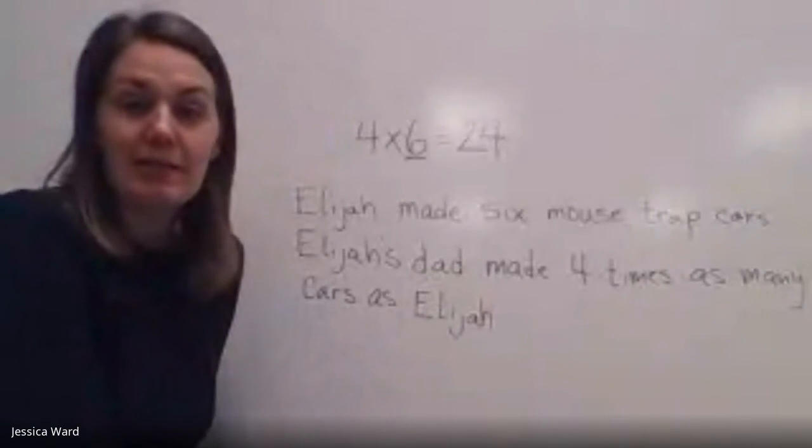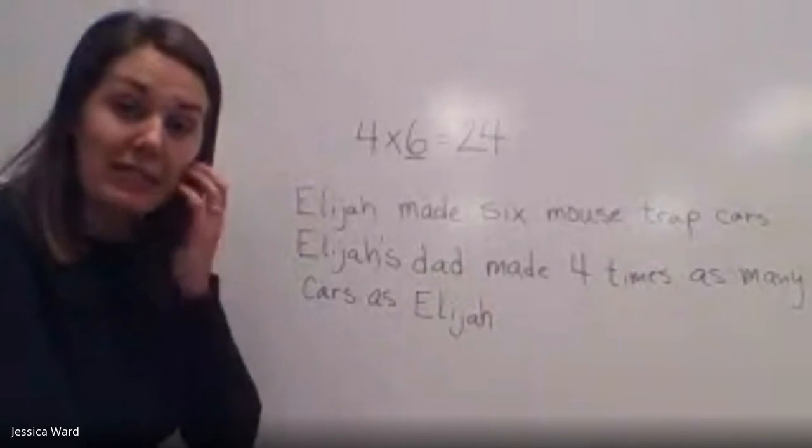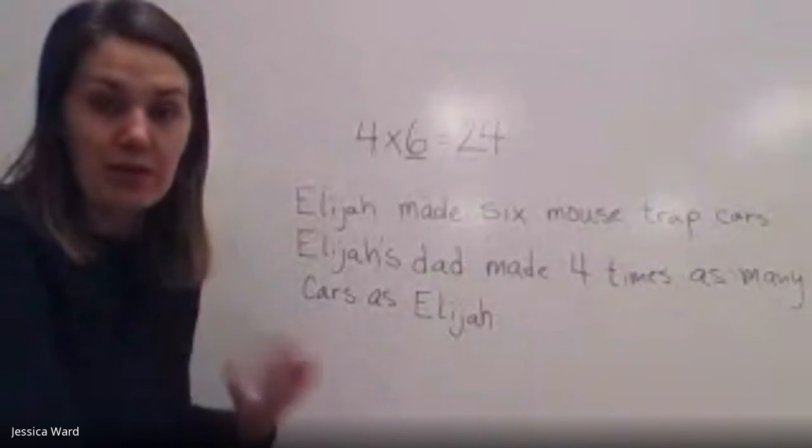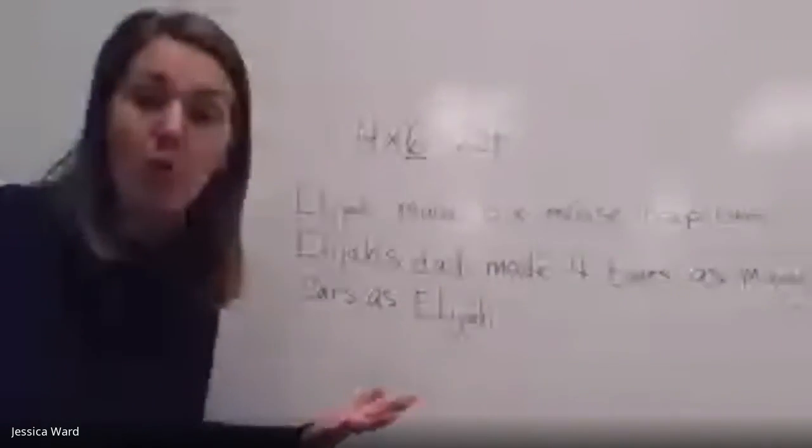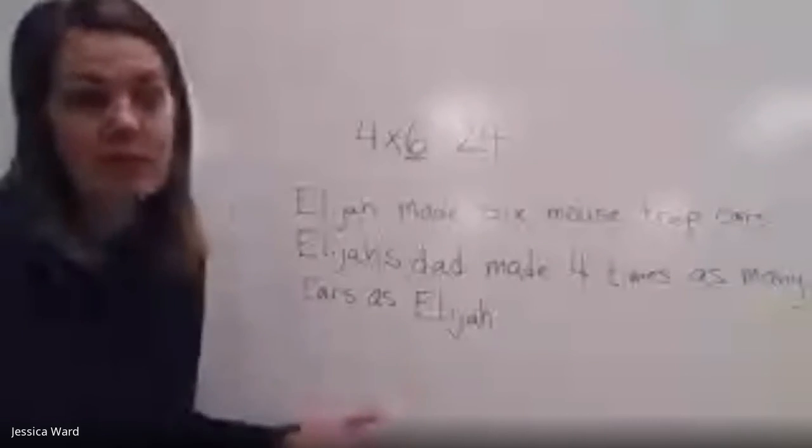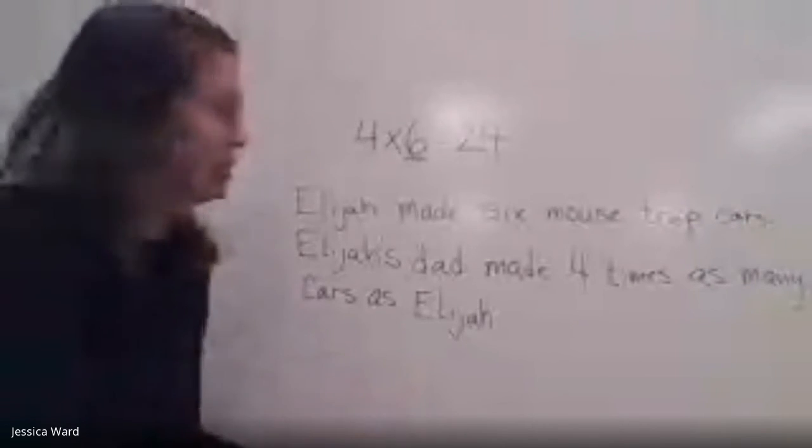Now, if we were writing this as a problem, then we would need to have a question at the end. So our question is going to be, how many more cards did Elijah's dad make than Elijah?